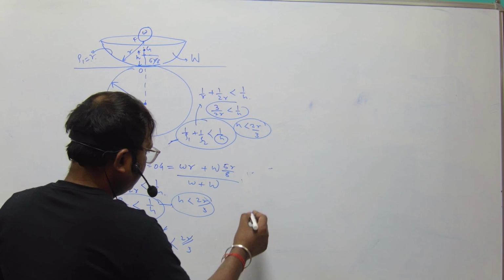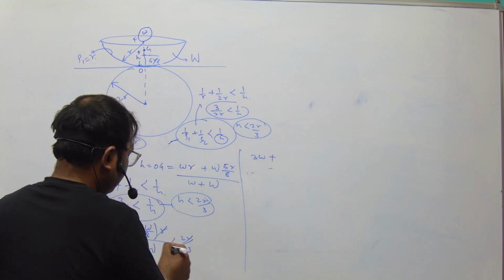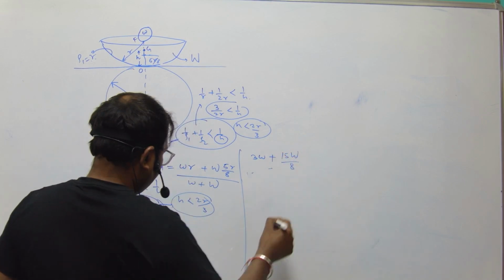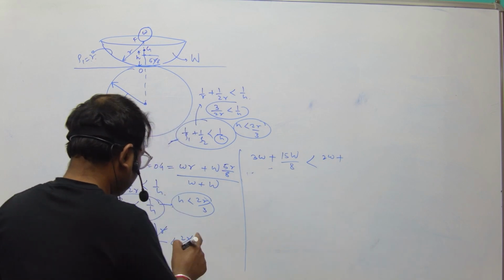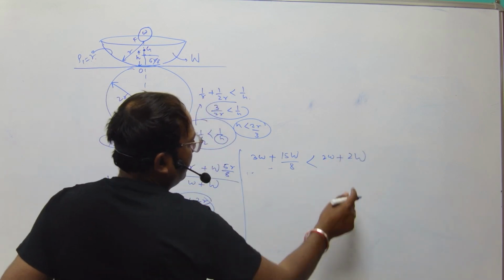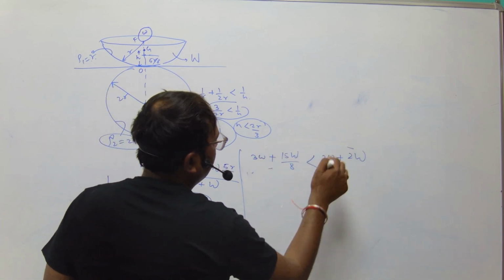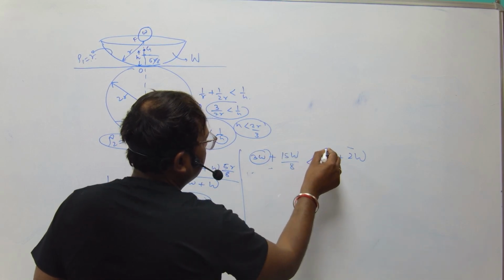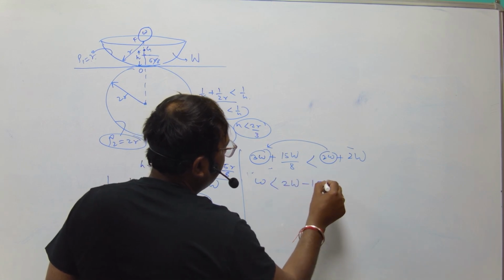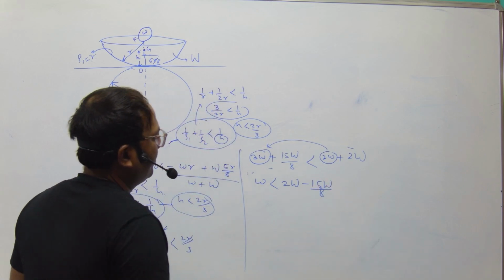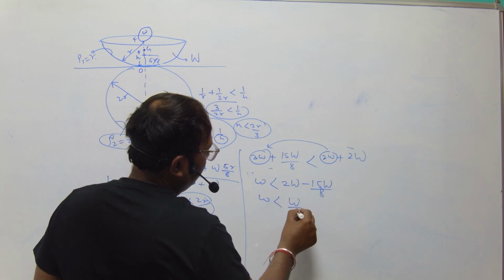From here we have 3 small w plus 15 capital W upon 8 is less than 2 small w plus 2 capital W. Let us subtract 2 small w from both sides. So small w is less than 2 capital W minus 15 capital W upon 8, so small w is less than capital W upon 8.